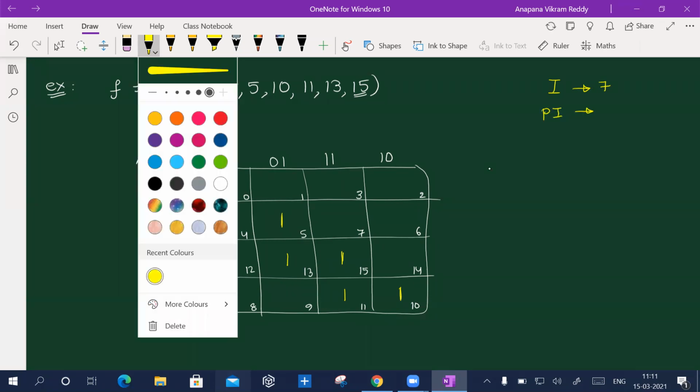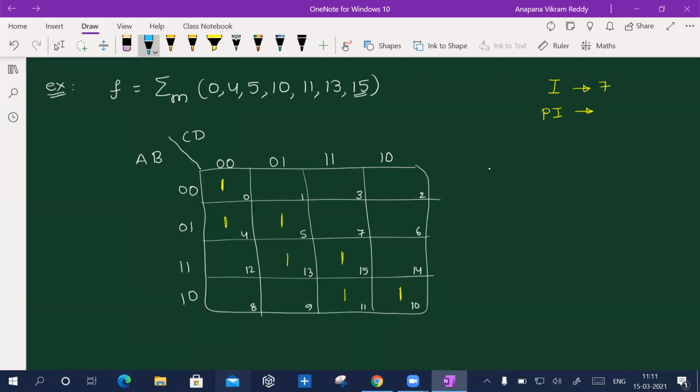Let me group like this. I think I should go for the blackboard again. This is my grouping again. I can't form any octet here, any 16 cells I can't unite. I don't have any octet, no quad, nothing.